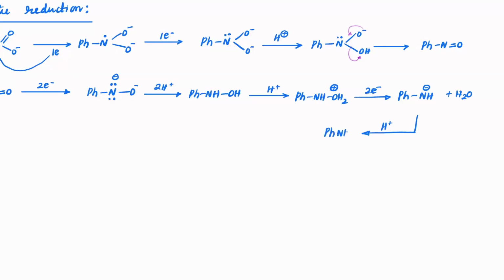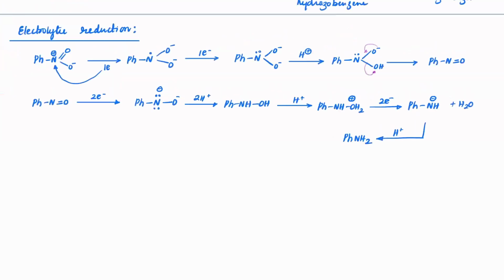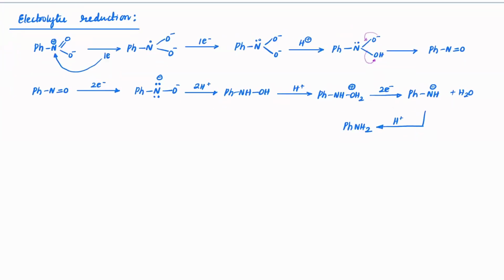And if I push H plus here, we will get PhNH2. Again, count the number of electrons, everybody. I'll use two different colors here. The first color is electrons: 1, 2, then I push 2 here and 2 here, total 6.